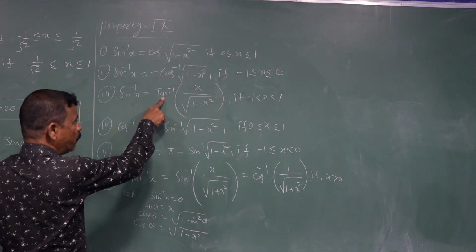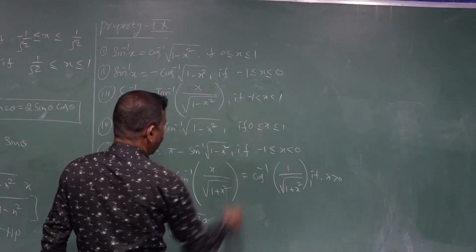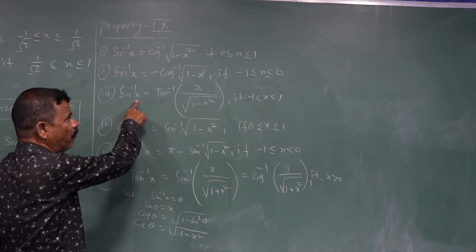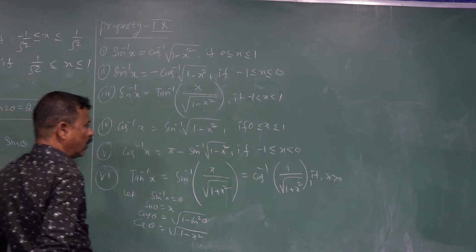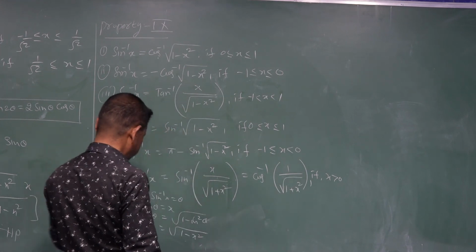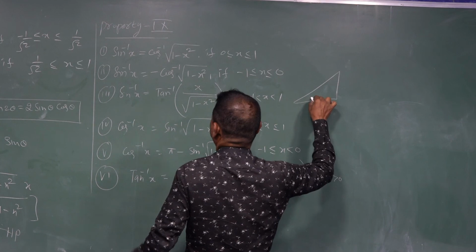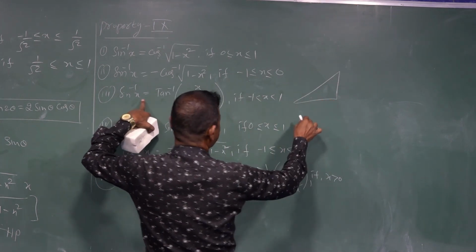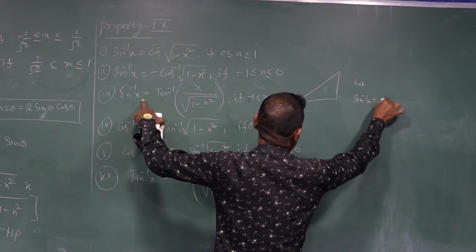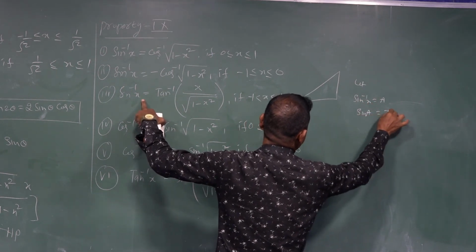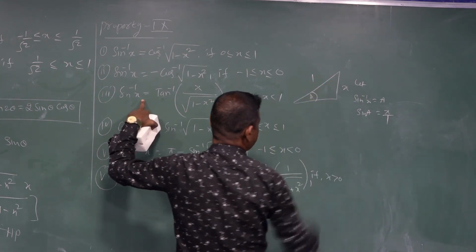Sin inverse in terms of tan inverse, where x is from minus 1 to 1 only. How do we consider it? Consider the angle. It is the sin inverse x. Take the triangle. Here let sin inverse x is equal to A, sin A is equal to x by 1. So this is the angle A, opposite x, hypotenuse 1.